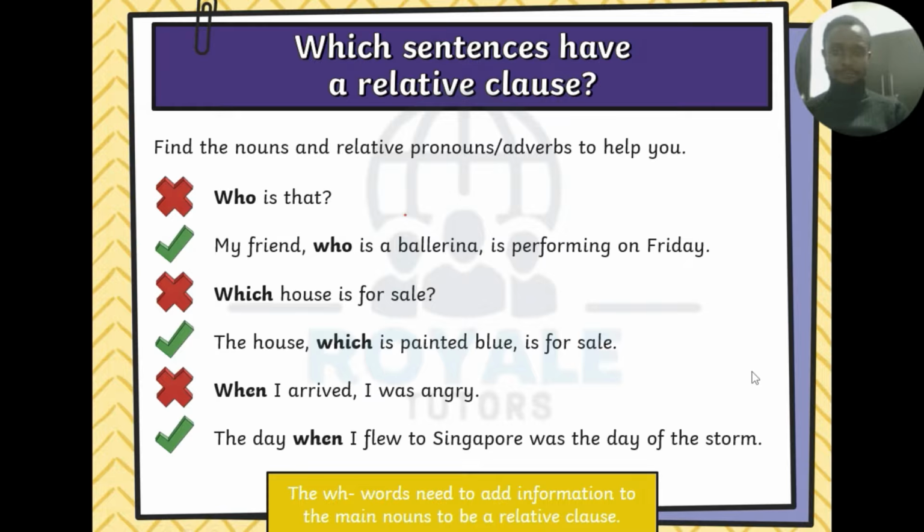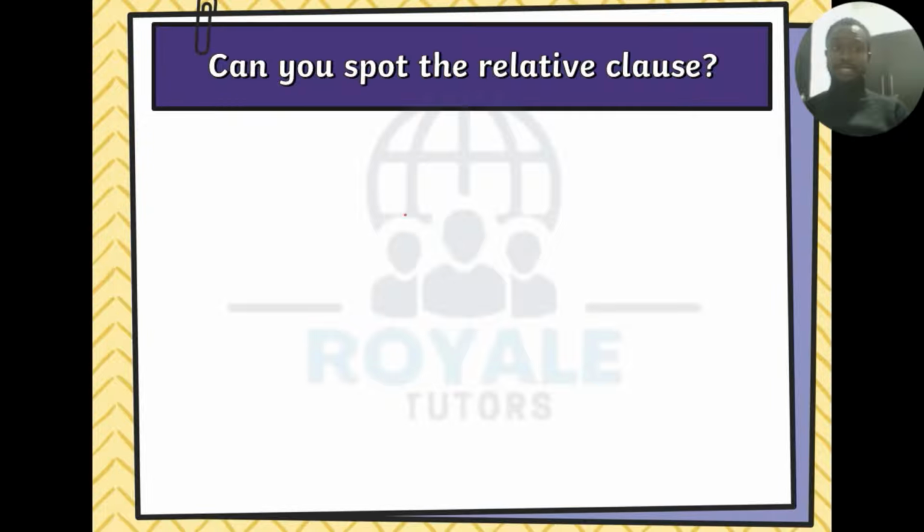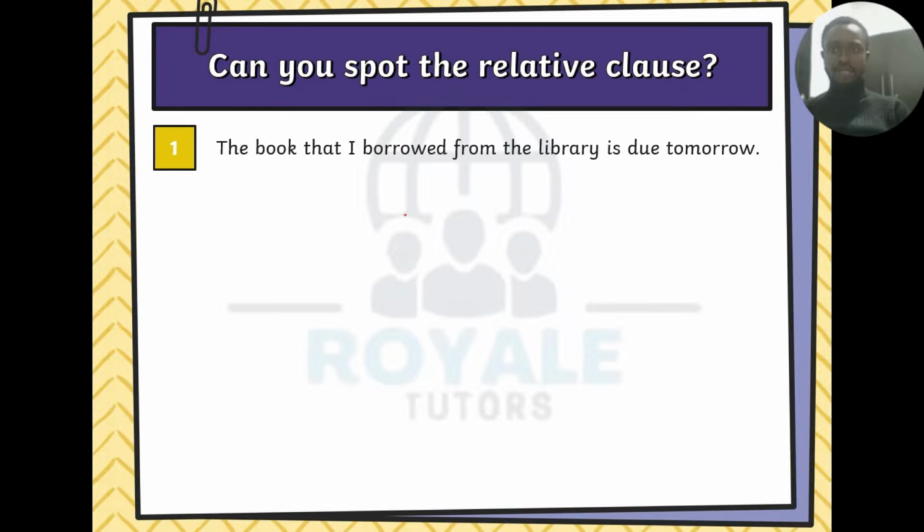Let's see the next one. This activity has to be done by you. Can you spot the relative clause? Number one, the book that I borrowed from the library is due tomorrow.